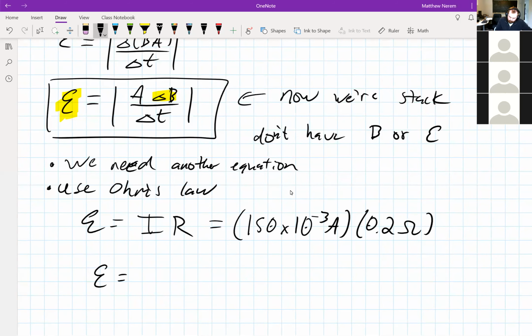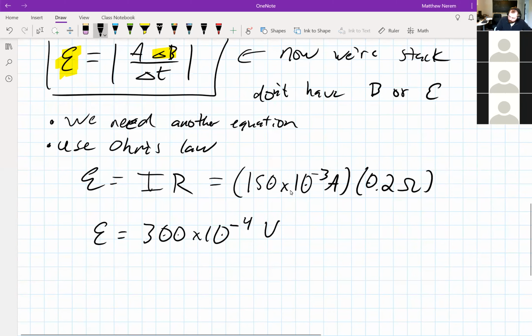All right, 150 times 2, that's going to get us to 300. There's 10 to the minus 3 here, and a 10 to the minus 1 there. So we're just going to say this is now 10 to the minus 4th volts.